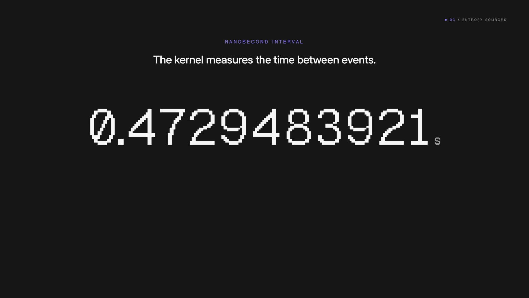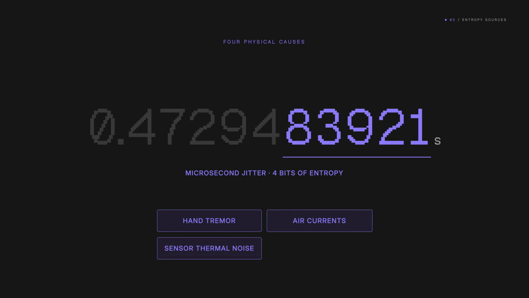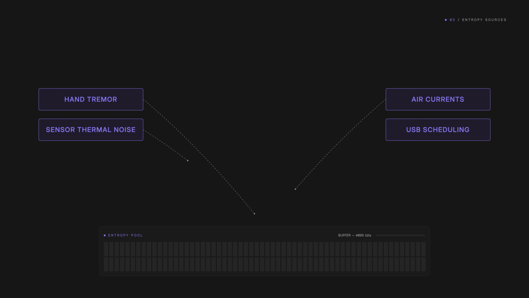Those lowest few bits, the microsecond scale jitter between one interrupt and the next, are determined by a cascade of tiny physical effects. The exact way your hand trembles, air currents, thermal variation in the mouse sensor, the precise moment the USB controller decides to deliver the packet. Nobody, not even you, controls these bits. The kernel takes those low-order bits and feeds them into something called the entropy pool.